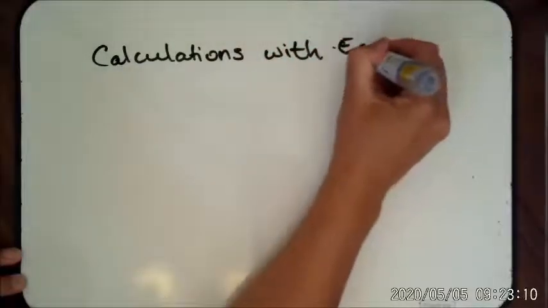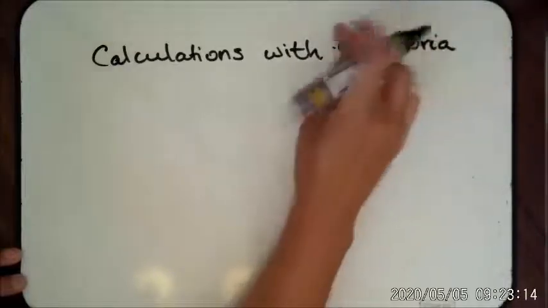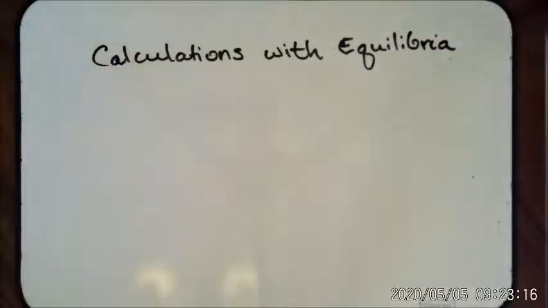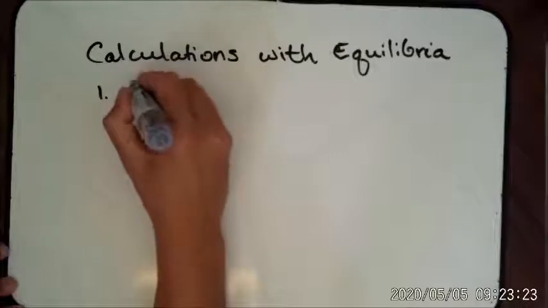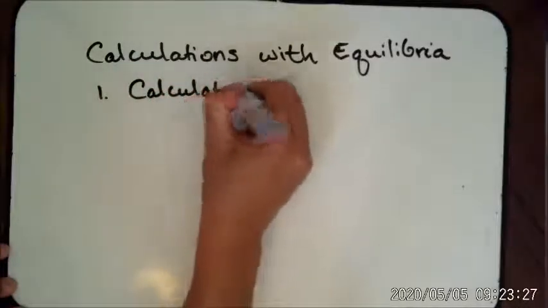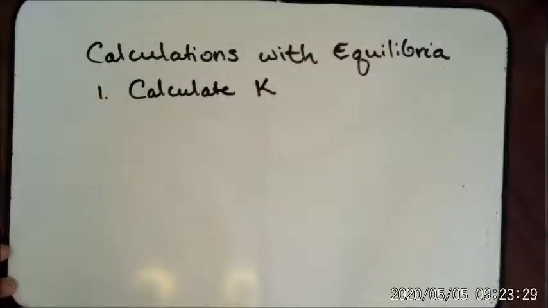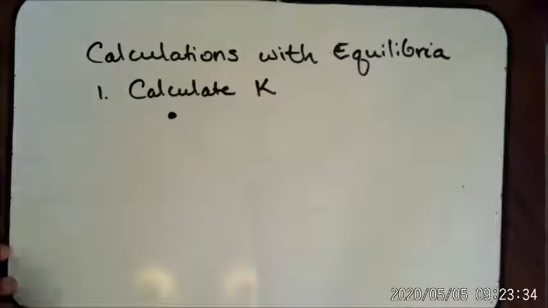So let me write down the types of calculations you're going to encounter with equilibria, and then we'll go through and do the examples. So one is calculate or determine K. And we have two ways we can do that.